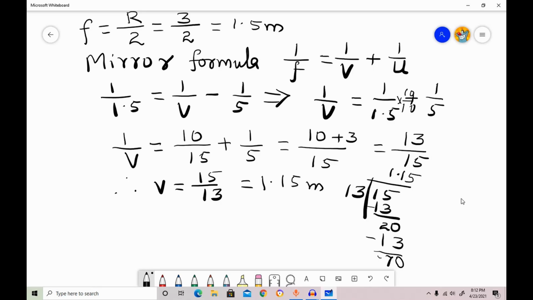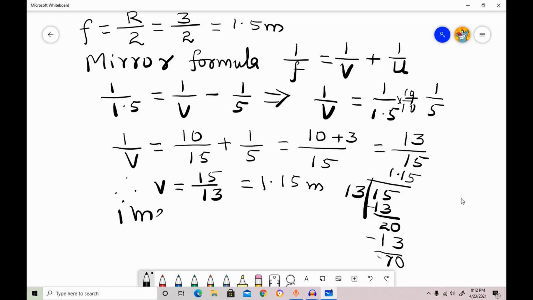So now see the value. What is the v value? Is it positive or negative? It is positive. Positive means image is real. And what is the distance? That is 1.15. Because of the positive, the image is formed on the right side of the mirror, or behind the mirror. So now write your answer.